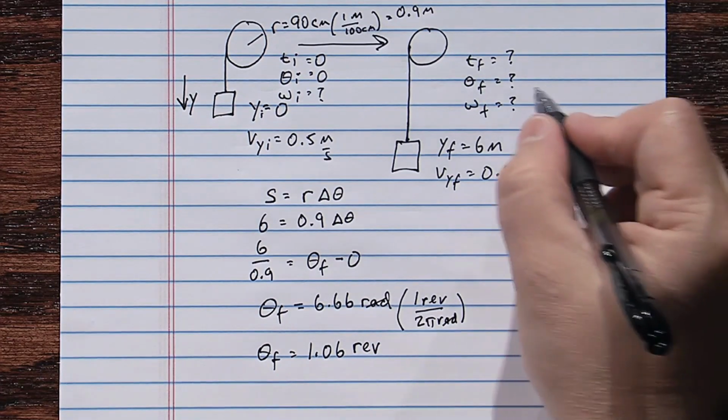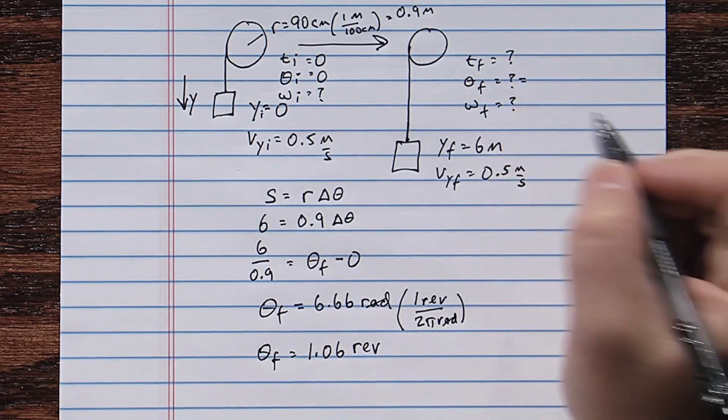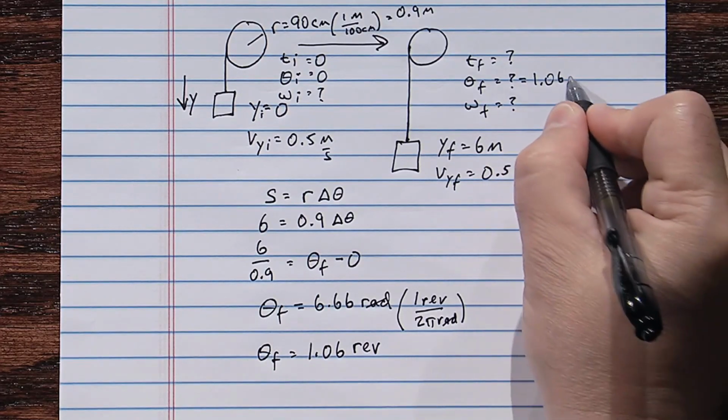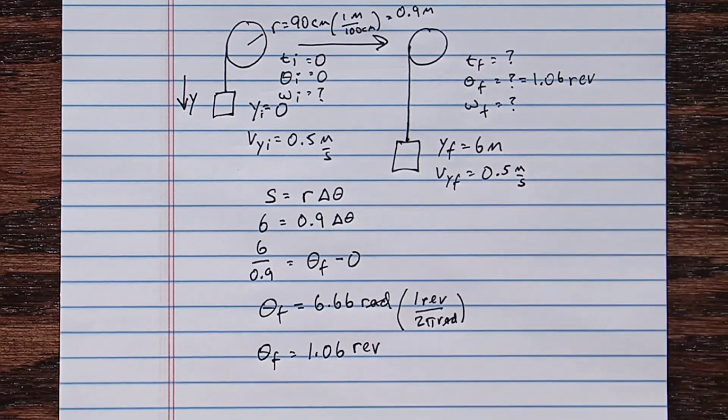So theta final is 6.66 radians, or 1.06 revolutions. And that was the first thing we were asked for.